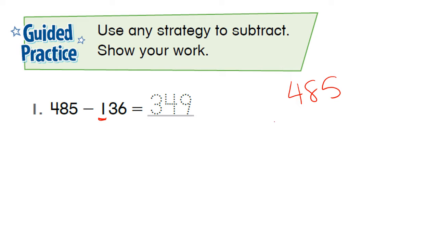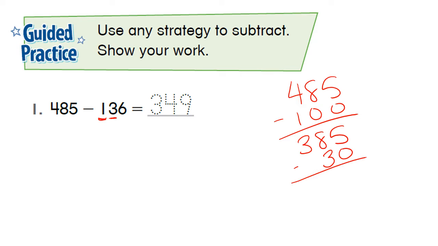So 485 minus 100 is equal to 385. Now I'm going to subtract the tens. So 385 minus 30 is equal to 355, because 8 minus 3 is 5. And now I'm going to subtract my ones.